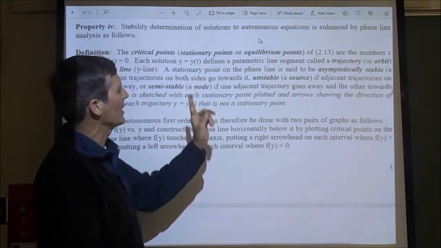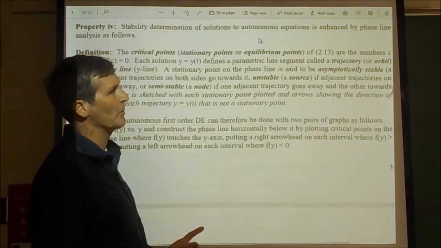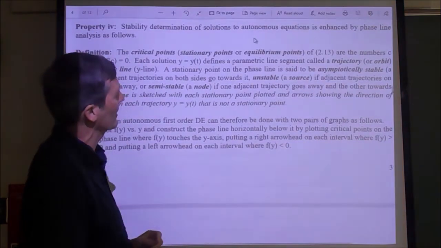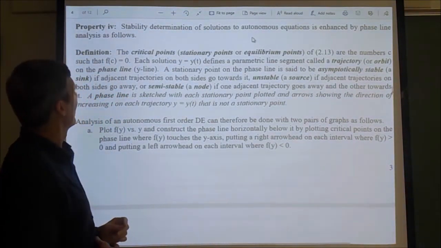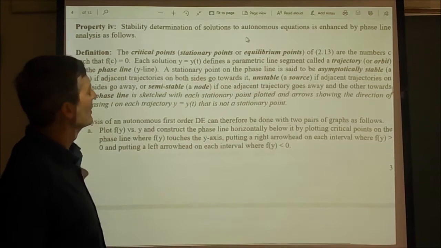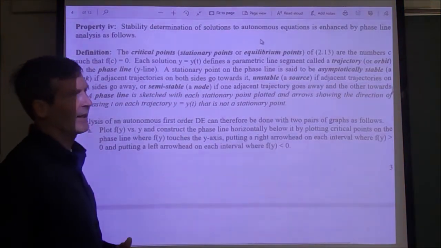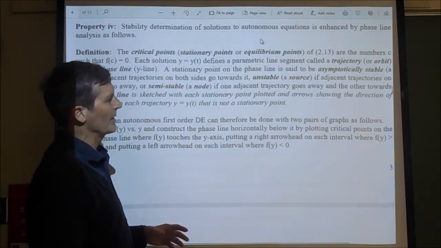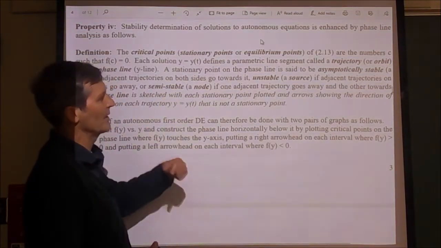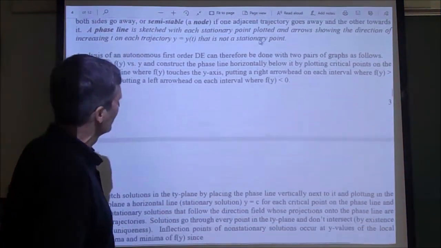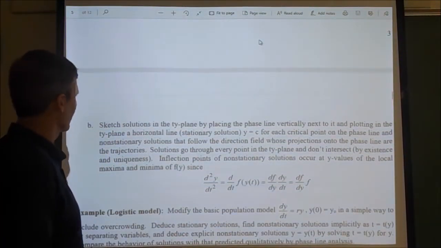But if they move away on both sides, then it's unstable. If it moves towards the critical point on one side and away on the other, then you say it's semi-stable. And there are more qualifications and more dimensions, because if you had a phase plane instead of a phase line, you could spiral around the points and then you have other kinds of solutions.